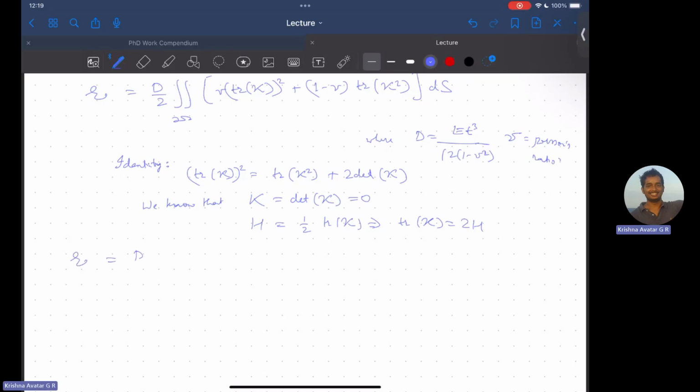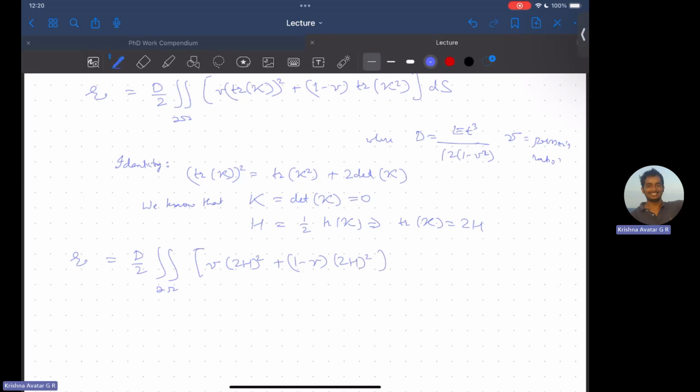Now we have E is equal to D by 2. Making the substitutions, we have nu into 2h whole squared plus 1 minus nu also 2h whole squared.